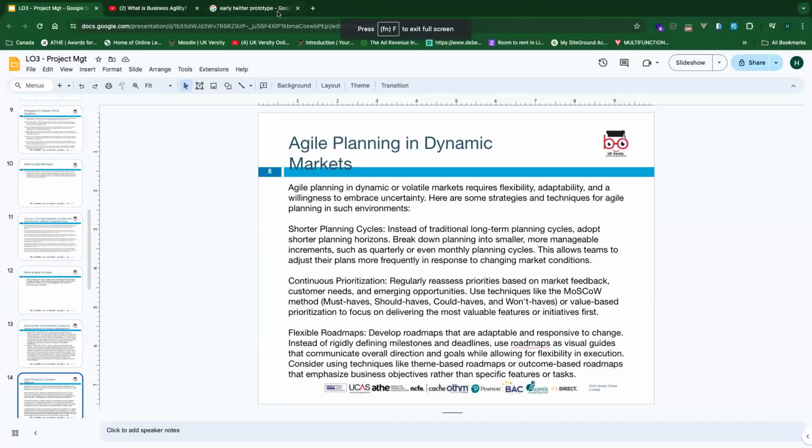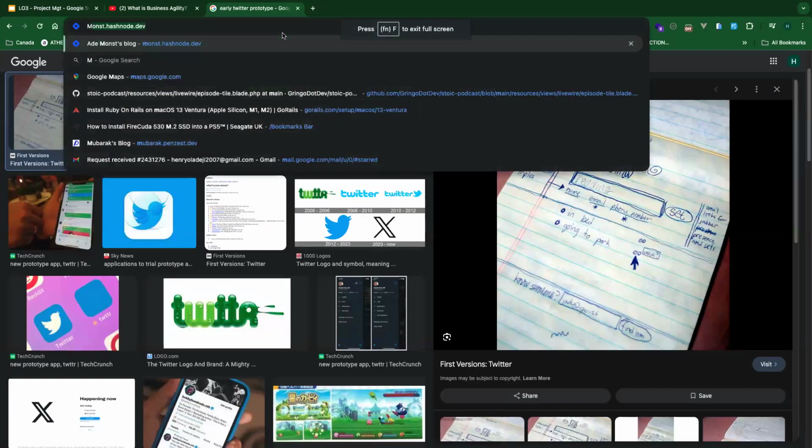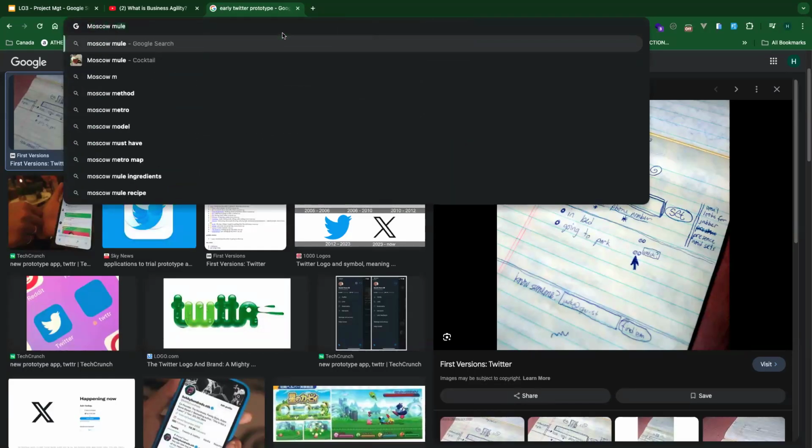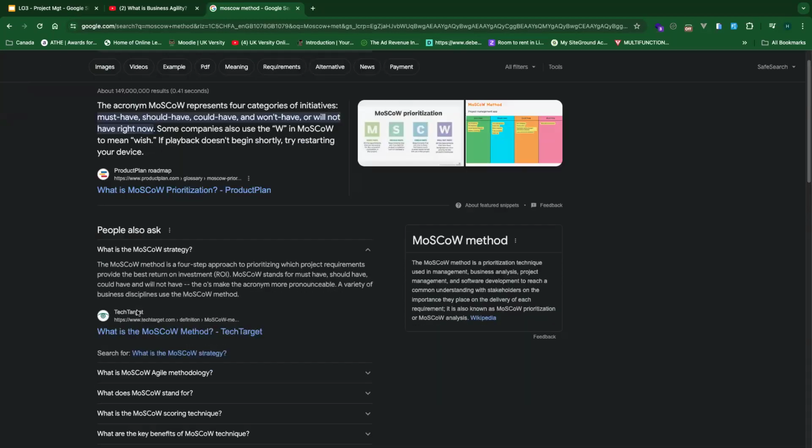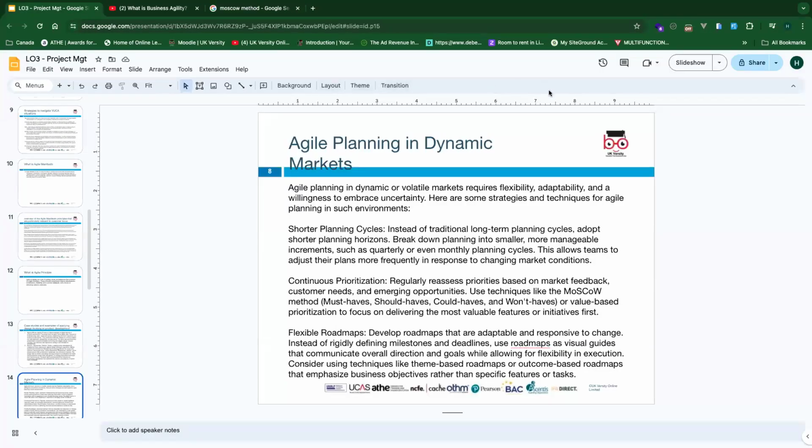Let's look at the MoSCoW method. So yeah, it's an acronym. Some companies also use the W in MoSCoW to mean wish. So yeah, you can have a look at that by researching more on it yourself.